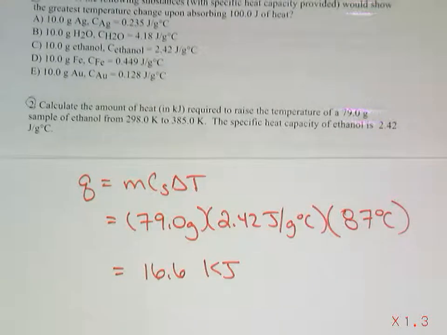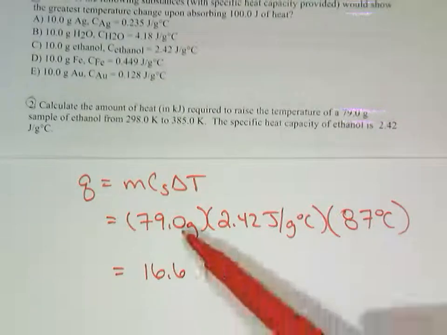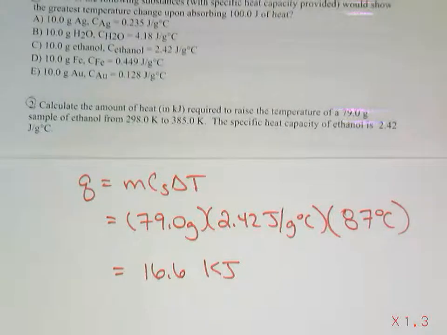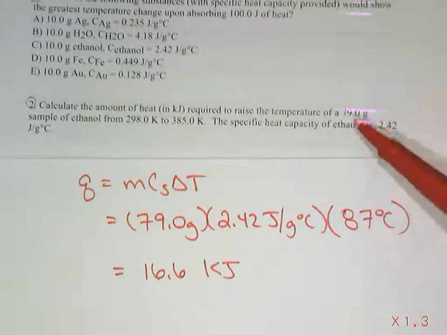So again, a lot of these problems are real straightforward once you read what they're asking for. That seems like a really long problem, but you just need to plug it in and multiply them by each other.